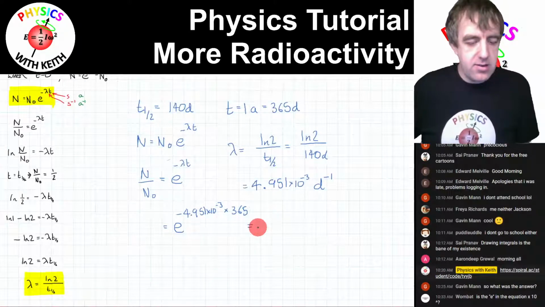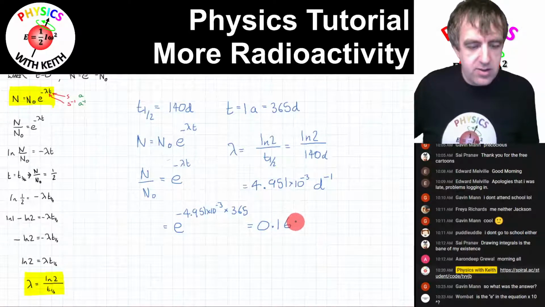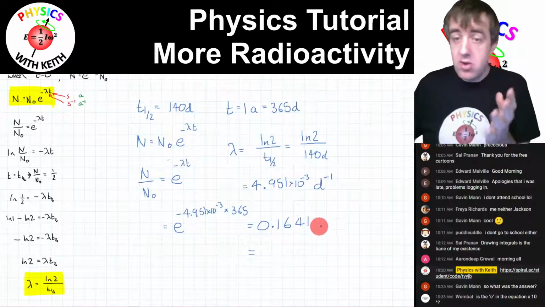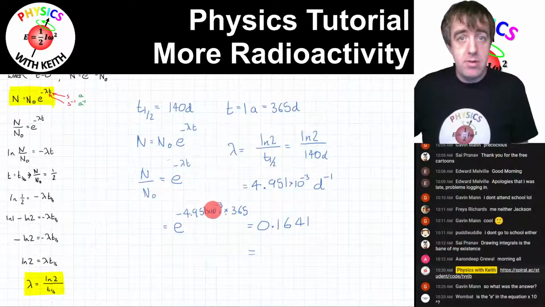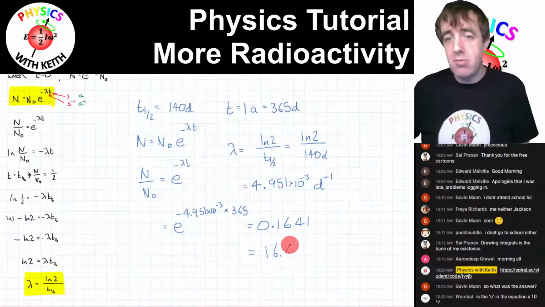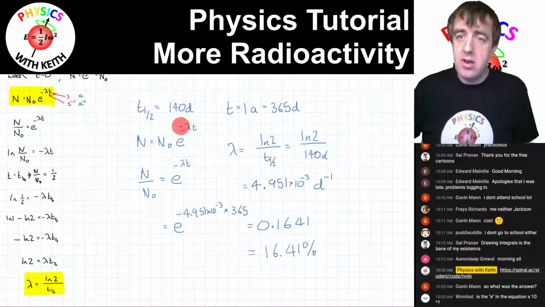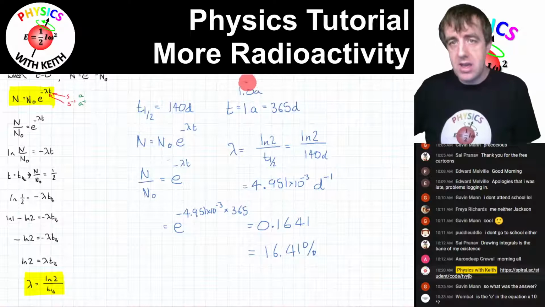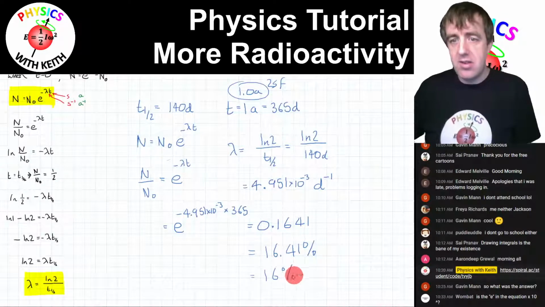And I get 0.1641 and so on, which has no units, it's a proportion, a number divided by a number. And so that's the same as 16.41%, but one year was given as 1.0 a, so that was a two significant figure number. So I have to round this to 16%.